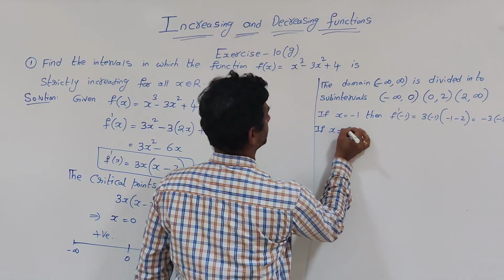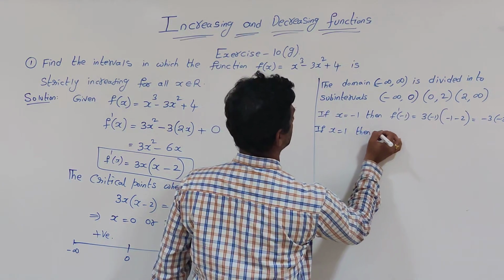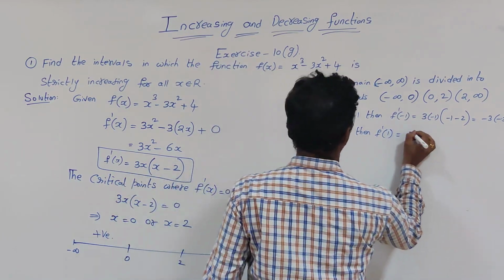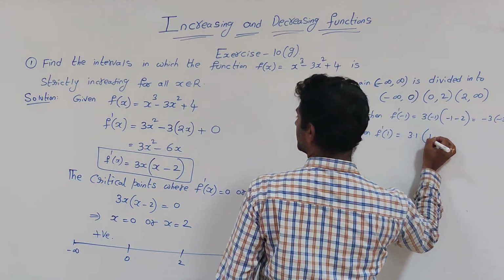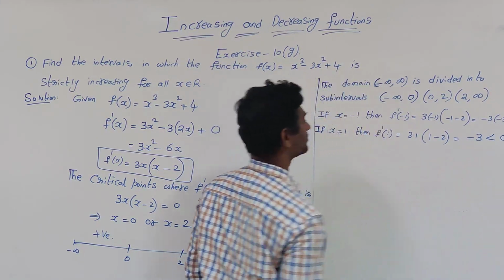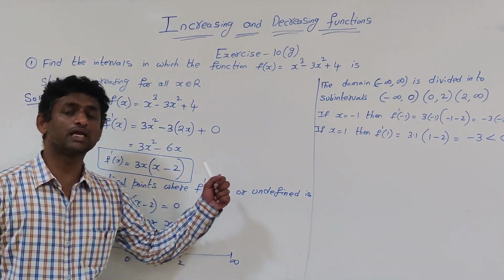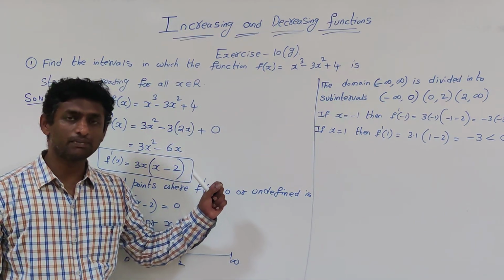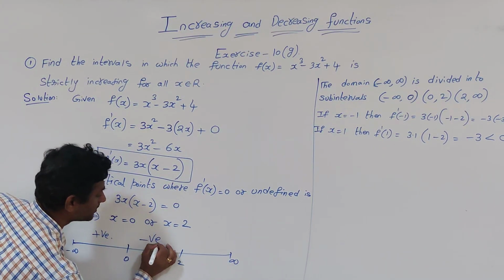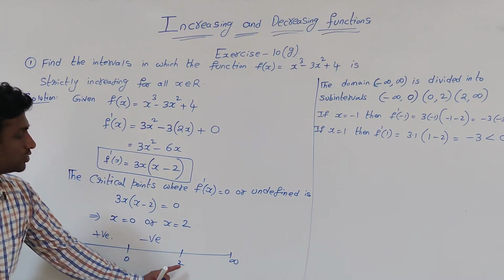If x is equal to 1, then f dash of 1 will be 3 into 1 times of 1 minus 2, which will be minus 3, which is negative. So the slopes are negative in the sub-interval 0 to 2. So I am putting the negative sign. Next 2 to infinity.